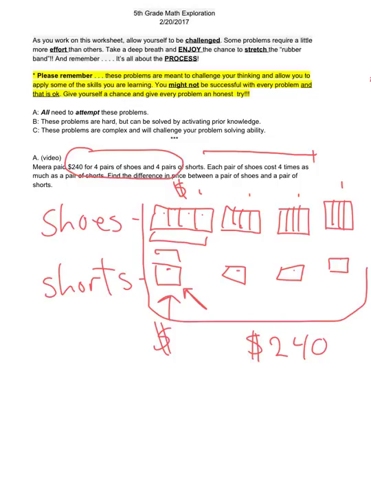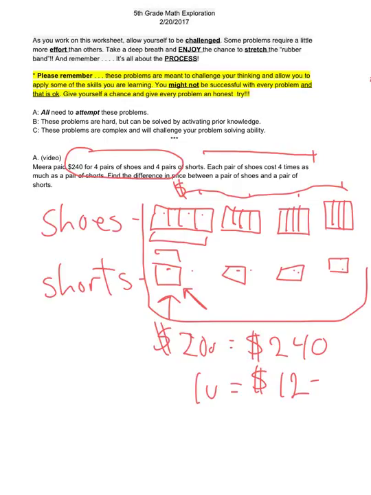Now, if we count up all of our units, I've got 16 units up here, plus these 4. That's going to be a total of 20 units that are worth 240. So, some quick math. That means 1 unit is worth $12.